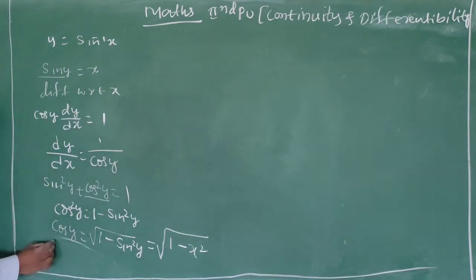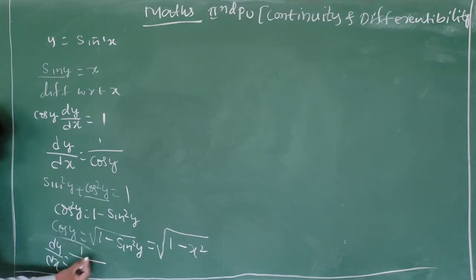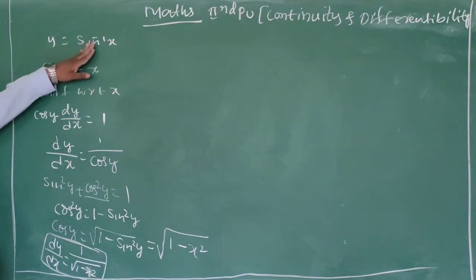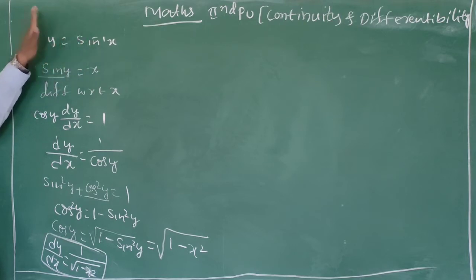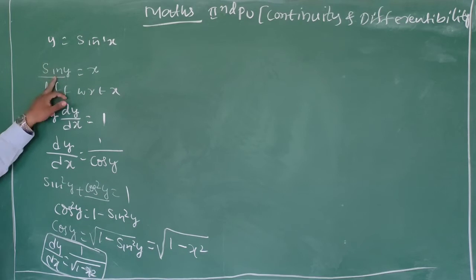So now dy by dx is equal to 1 divided by cos y, whose value is square root of 1 minus x square. So this is the derivative of sin inverse x. Y is equal to sin inverse x. Sin inverse will come to the LHS, which means it becomes sin. Sin y is equal to x. Differentiate with respect to x. Sin y differentiation is cos y.